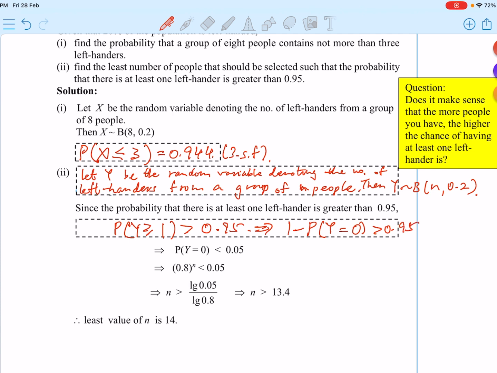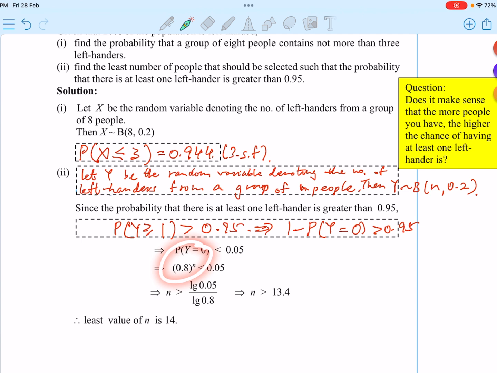For the subsequent steps, you make the probability of Y taking a value of 0 the subject. You'll get it to be less than 0.05, which is this inequality here. Then how do you find this?